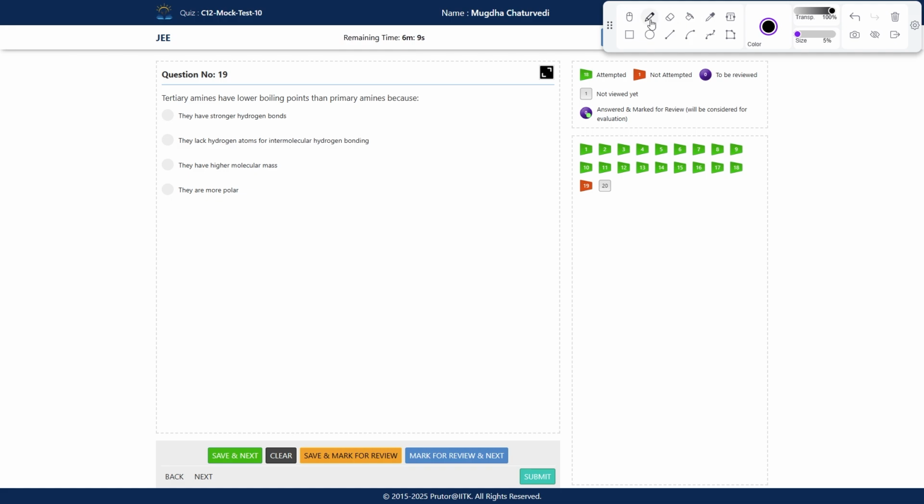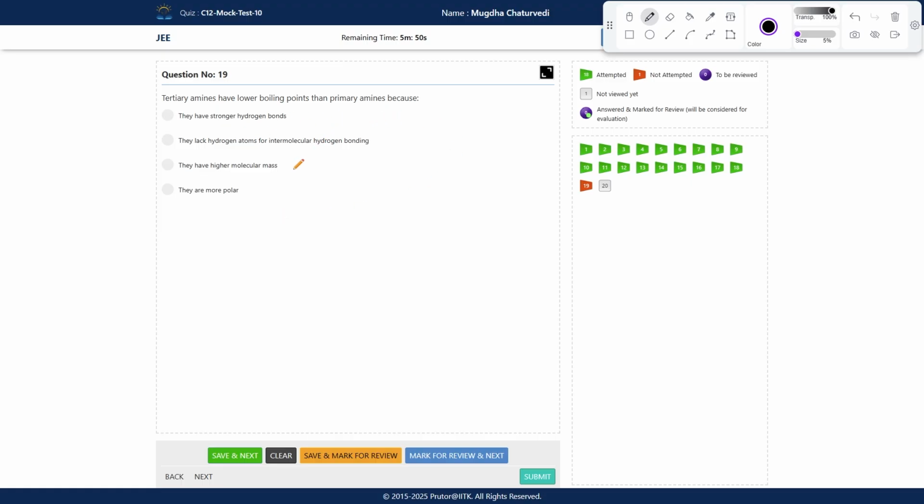Now, question number 19. It is asked, tertiary amines have lower boiling points than primary amines. Why? If we compare tertiary amines and primary amines, which one has the lower boiling point?